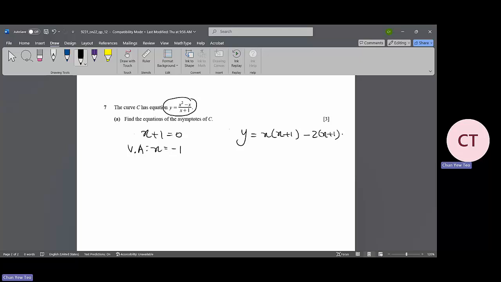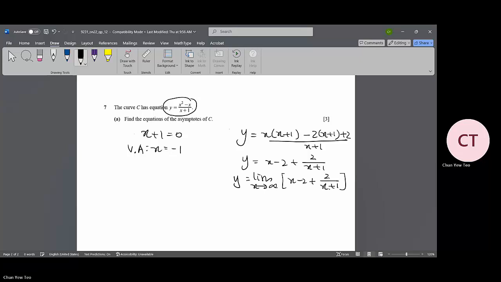Then plus the 2. Then you can get y equal to x minus 2 plus this. So your y is equal to the limit of x approaching infinity of this. So your asymptote will be y equal to x minus 2.